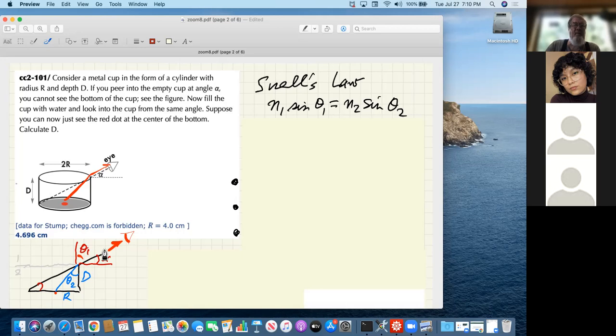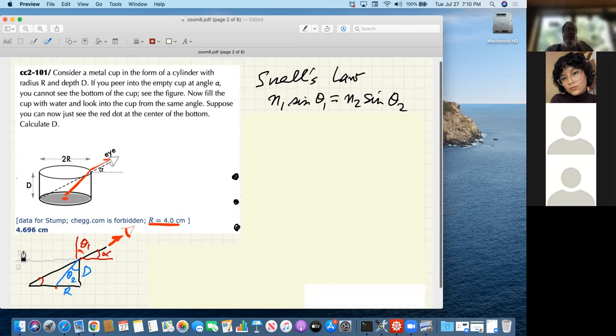Now what's given? Well, what's given is the radius. That's one thing we know. Another thing we know is the index of refraction. The index of refraction is 1 above the surface and 1.33 below the surface. So that's the information we have.